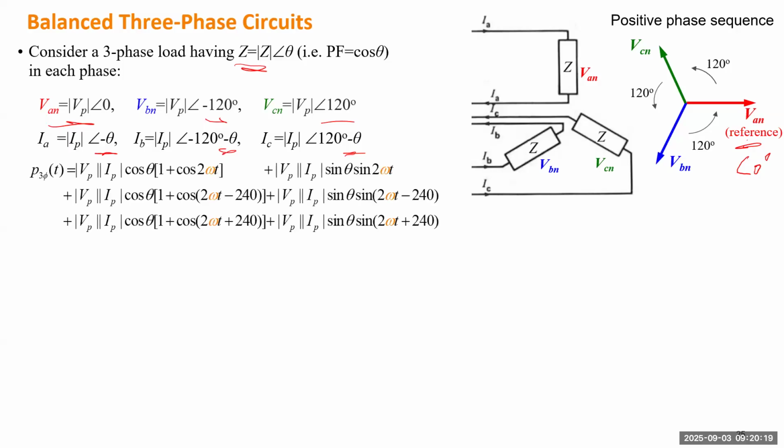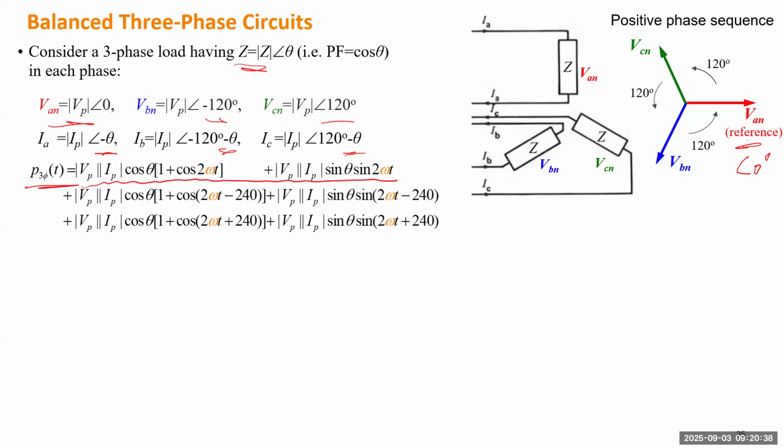And next, we just plug those voltage and current phasors into the formulas we proved. Previously, we studied the single phase instantaneous power. This is the single phase instantaneous power formula we proved.